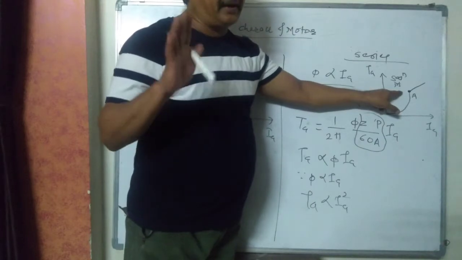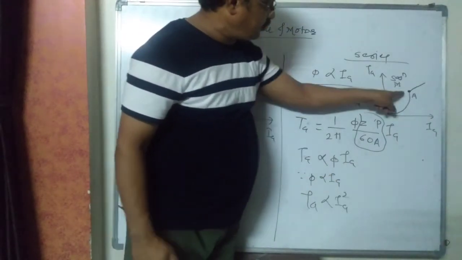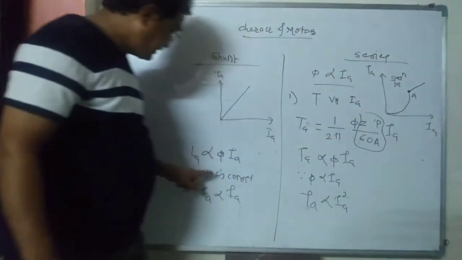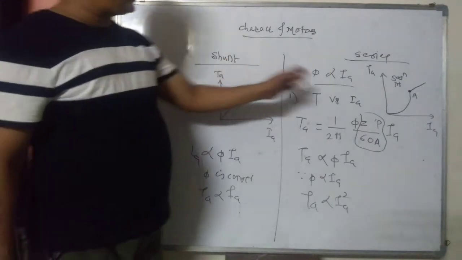Saturated field means phi will remain constant, and if phi remains constant, then after that point Ta is proportional to Ia. Here Ta is proportional to Ia, linear characteristics. Here Ta is proportional to Ia square, the characteristics is curvilinear. But in the motor, one point comes when the field is saturated, and from there it is linear characteristics similar to this. So this is the first characteristics.